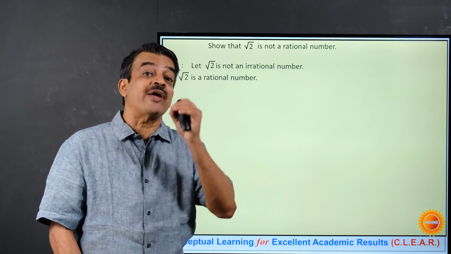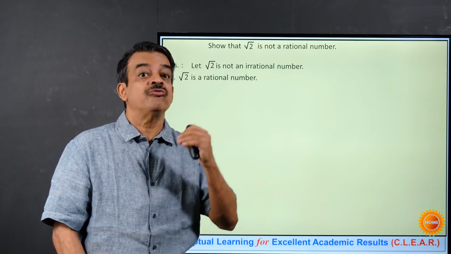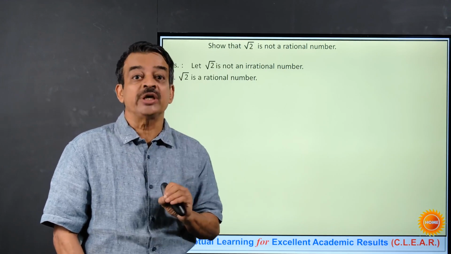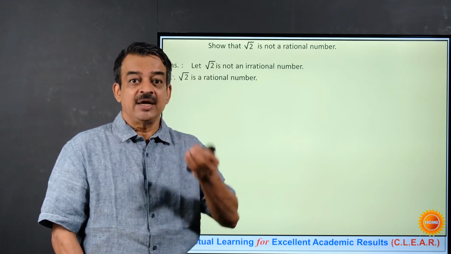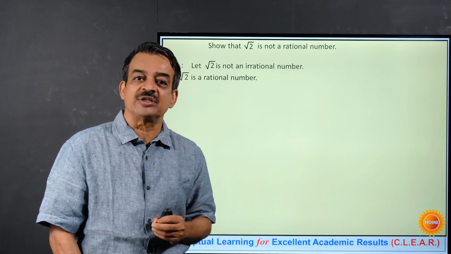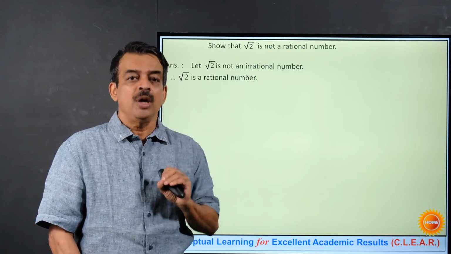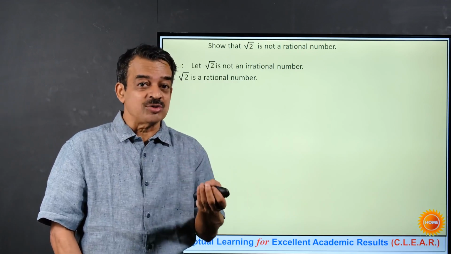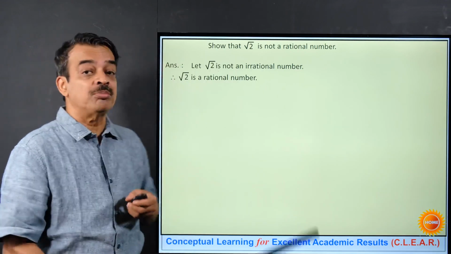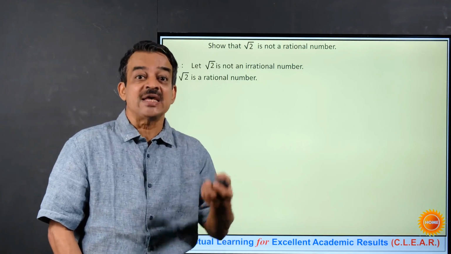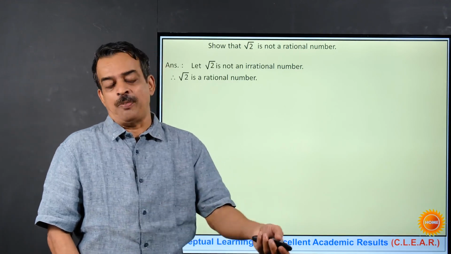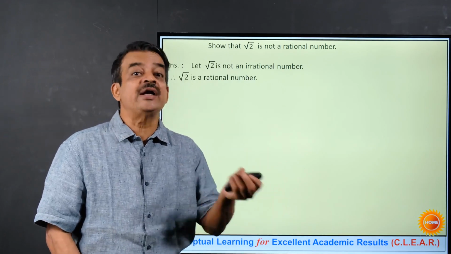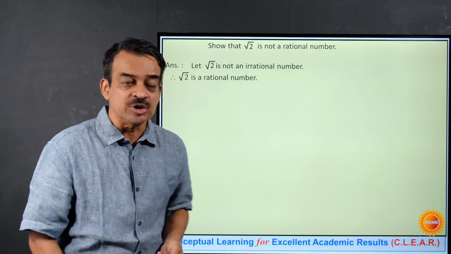That means you cannot simplify it further. For example, if I wrote the number 10/2, can you simplify it further? Yes. 10/2 I can simplify as 5/1. But can you simplify 2/3 further? No. So what I am trying to say is that we can write down this number in the simplest form as a/b or p/q, where no further simplification is possible and the denominator is not equal to 0.